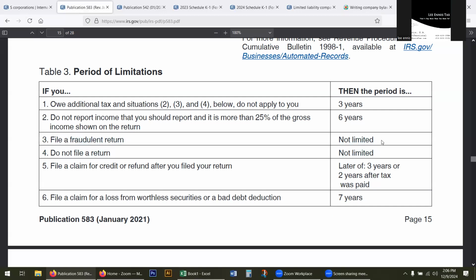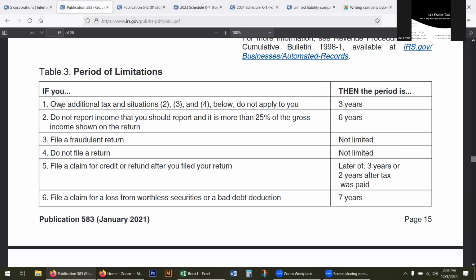Doesn't happen often, but if it does, there is absolutely no limit to how long you're required to keep those records. What I tell people is typically 3 years, and for payroll, 7 years, just to be safe. But these are the actual numbers.